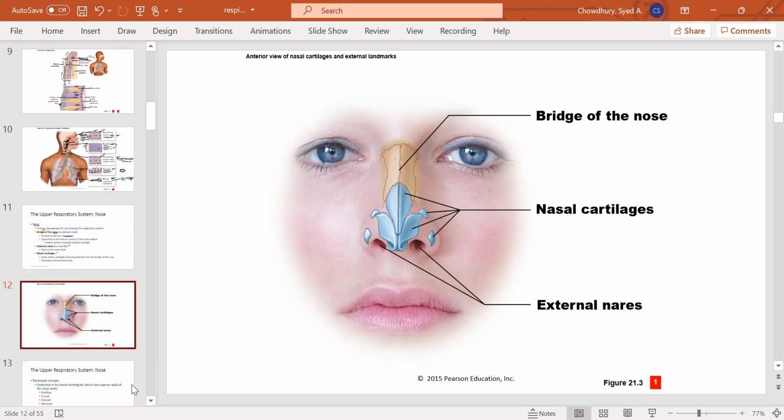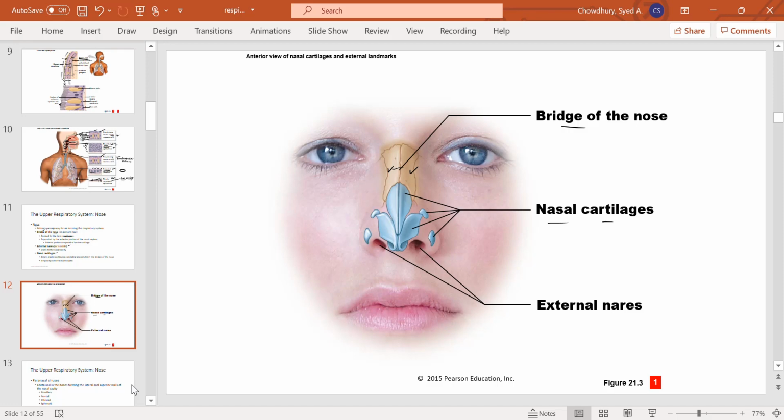So here you see the upper part is formed by two nasal bones, and this is the bridge of the nose, and the lower part has nasal cartilages. These are elastic cartilages, so these are flexible, right? You can move, but it will come back to its actual shape.